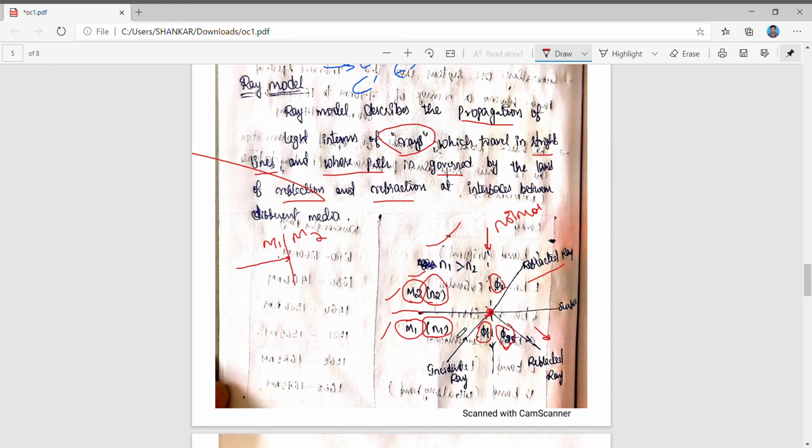Assume it is propagated into another medium. If the refractive index of medium 1, n1, is greater than n2, then only there will be a chance for the propagation of a signal with refraction and reflection. Why should n1 be greater than n2?